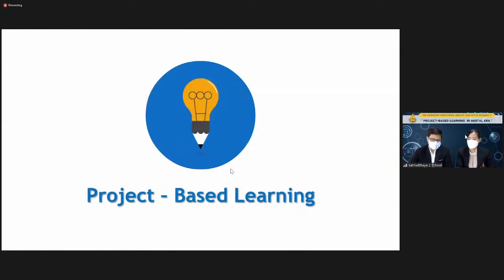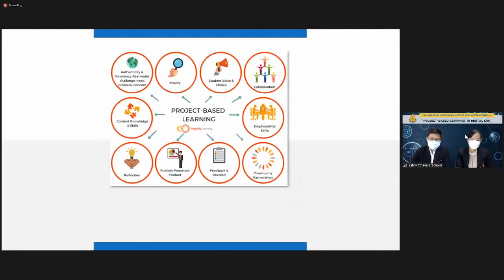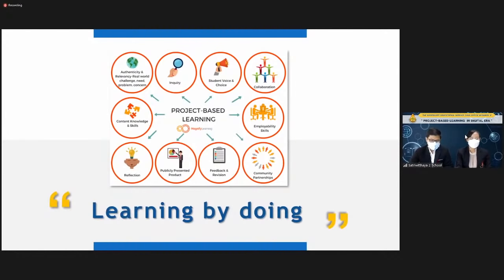First, let me talk about project-based learning, or PBL. Project-based learning is in accordance with Dewey's concept of learning by doing. He said, education is a process of living and not a preparation for future living.